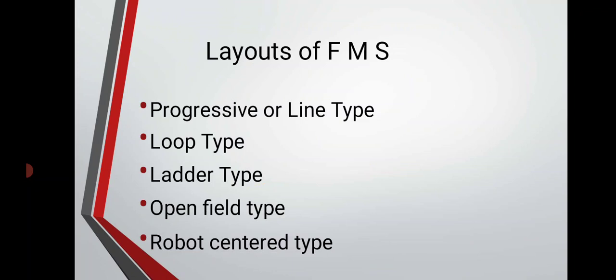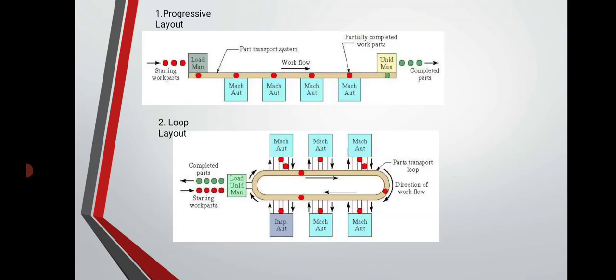Okay, next one, layout of FMS: progressive or line type, loop type, ladder type, open field type, robot center type. The first one is the line type or inline type, which is one type of material handling. First you can see the first image of the diagram: first of all, loading the workpiece.